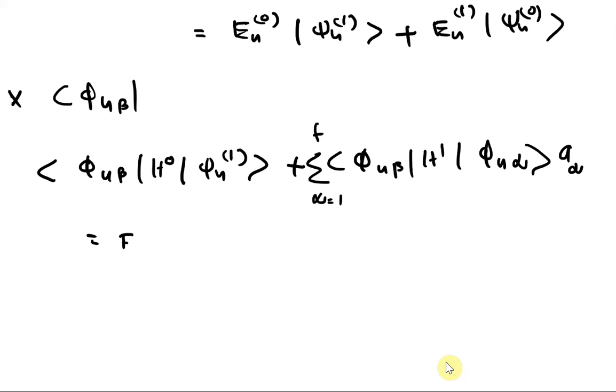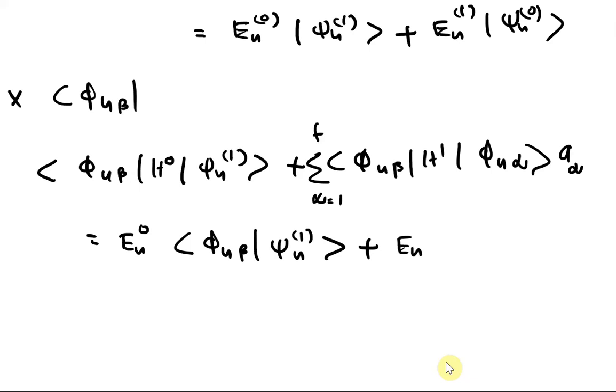Now change here En0 and phi n1. Here it's being multiplied with phi n beta and psi n1.